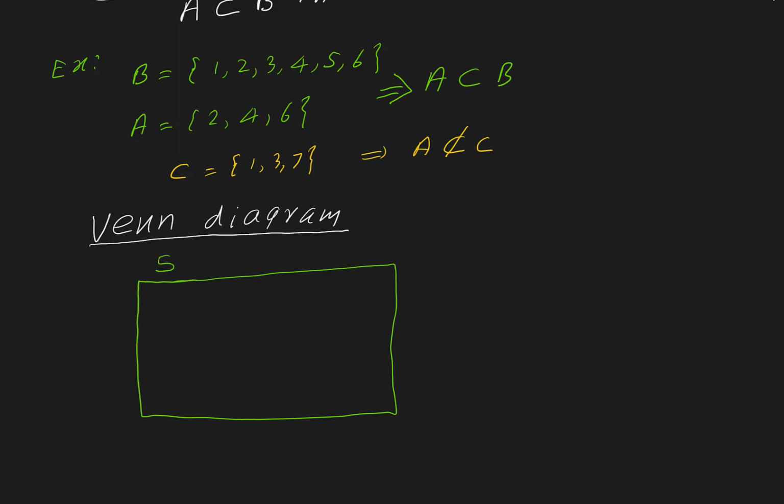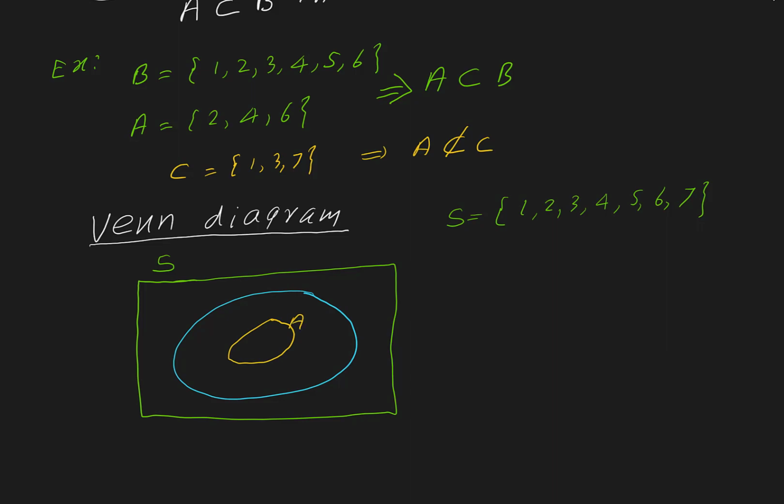I say it is S. So now let me write down the universal set of this example: 1, 2, 3, 4, 5, 6, and I use another extra one, number 7. So you see here, there are two sets, B and A. So this is A and this is B.